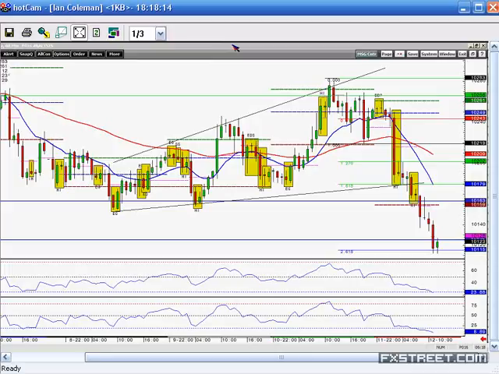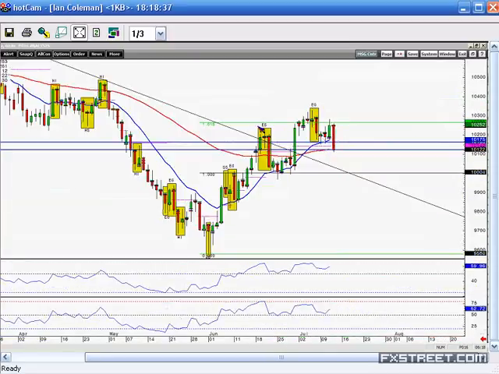So let's go back to our daily chart. We're flipping through time frames, okay? We want to see what sort of reaction we get up near the high.